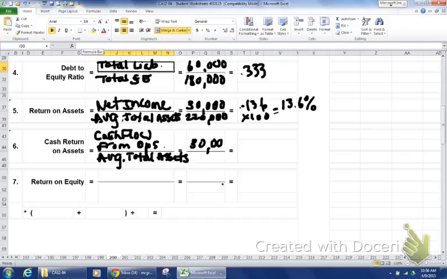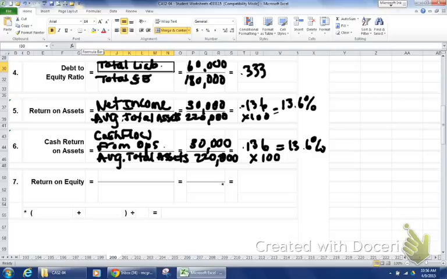The numerator is going to be 30,000 and the denominator is going to be 220,000. And in this particular problem, we're going to get a 0.136 answer, and we're going to multiply that by 100 again, and we're going to get a 13.6% return, cash return on our assets.